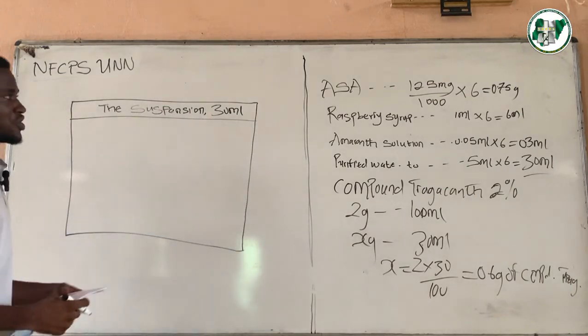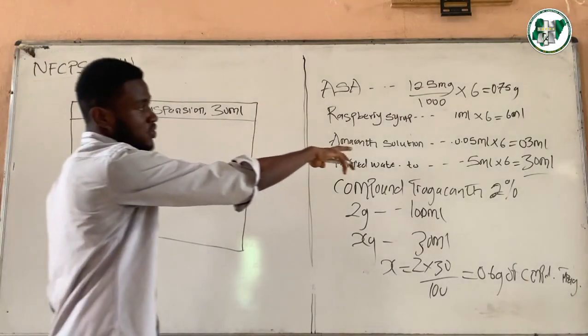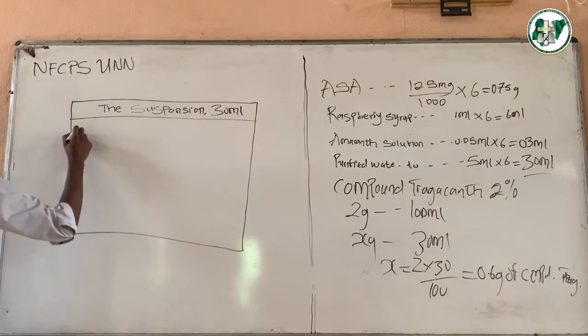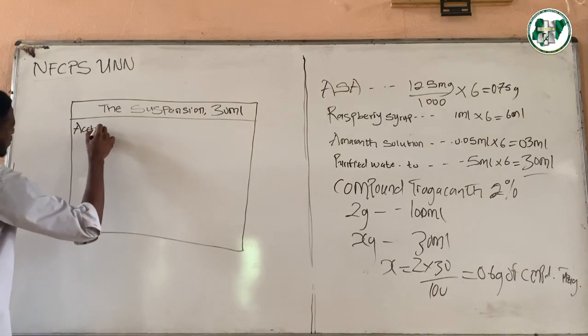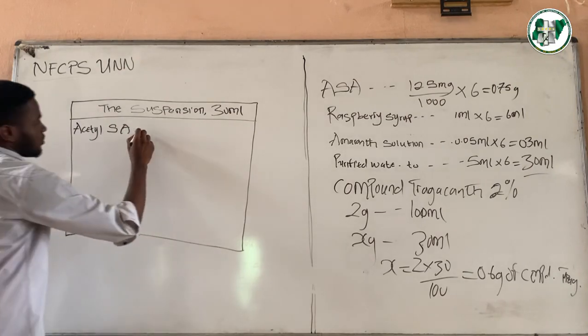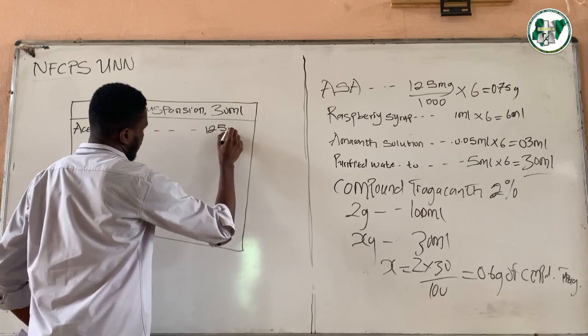Now remember our original formula. We're writing the original formula, not the formula that we used here. Our original formula: acetyl salicylic acid. Now you write this in full during your exam. 125 milligram.